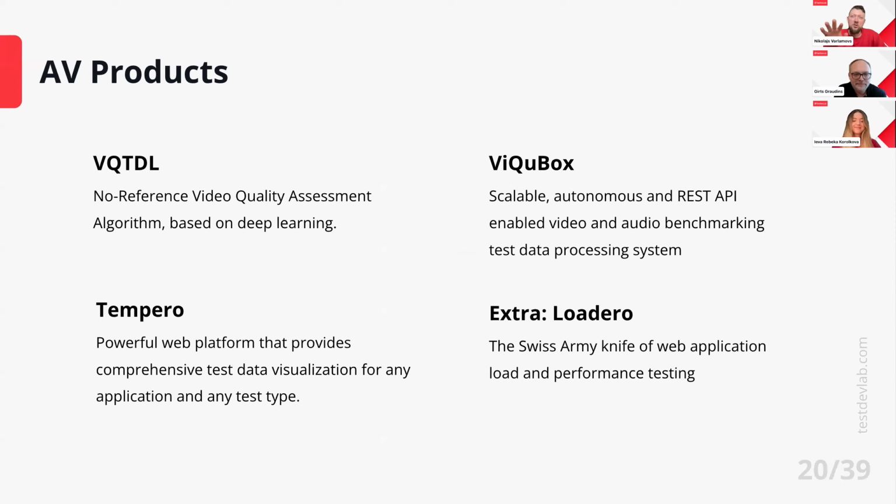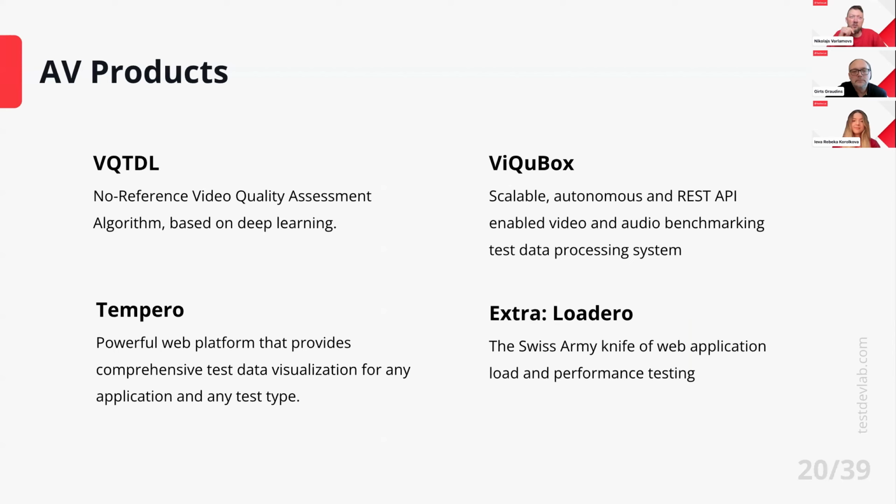And I have put Lodero as a fourth one as an extra because it's actually not an AV product. It's just we are using it also a lot in our benchmarking. Lodero is actually a web application for load and performance testing from TestDevLab's sister company. Going back to VQTDL, it's actually a no-reference algorithm based on deep learning.